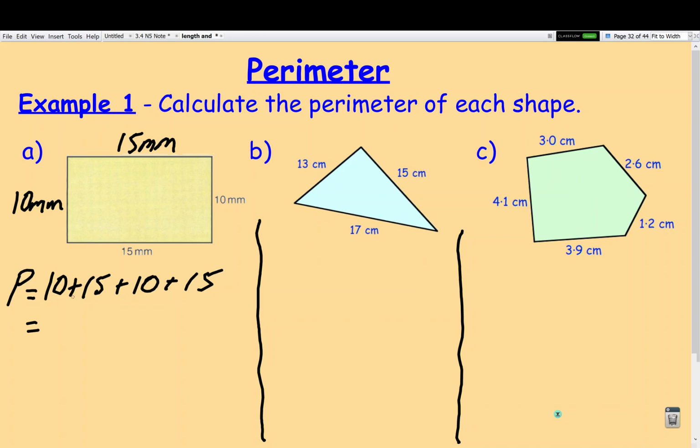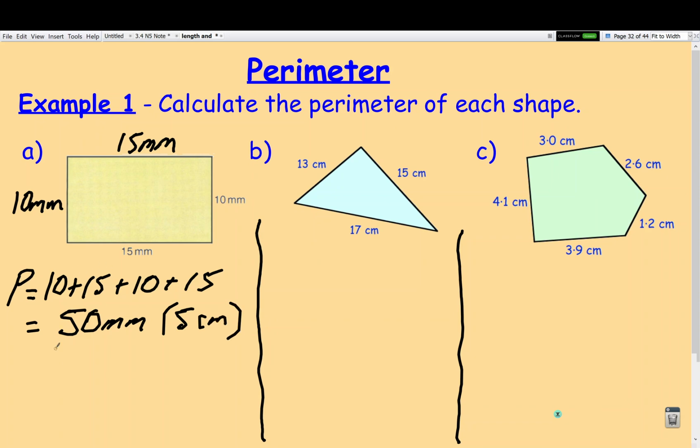10 plus 15 is, well, I'll give you 20 seconds to write down the answer to that. Okay, hopefully you got an answer of 50 millimetres, which, just because we've done it recently, would be 5 centimetres, wouldn't it? 50 millimetres, 5 centimetres.